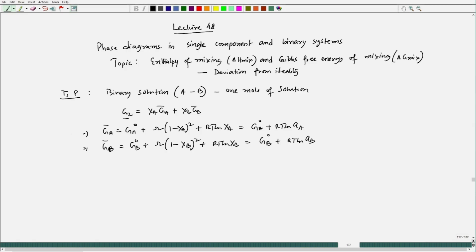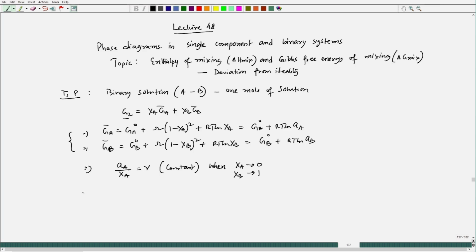From these two equations, we have seen that AA divided by XA equals gamma, which is a constant when XA tends to 0 and XB tends to 1.